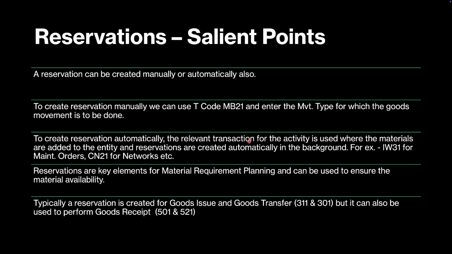Similarly, for projects, if you are creating networks and then adding components to the network, there also you will have automatic creation of reservation. So if you're using the plant maintenance module, then the T code will be IW31 to create the maintenance order and then attach components. If you're working with the project system module and you're creating networks, then the T code will be CN21, where you will create the network, attach the components, and then the reservation will get created automatically.